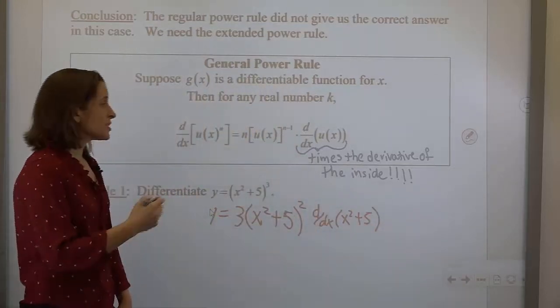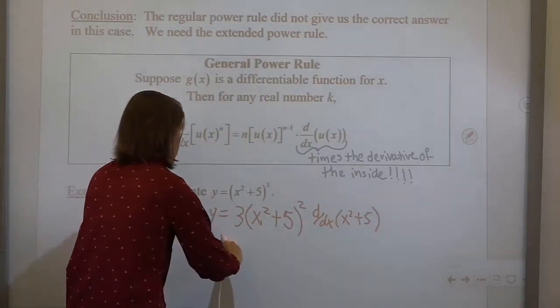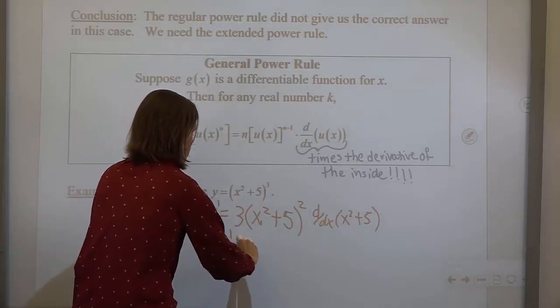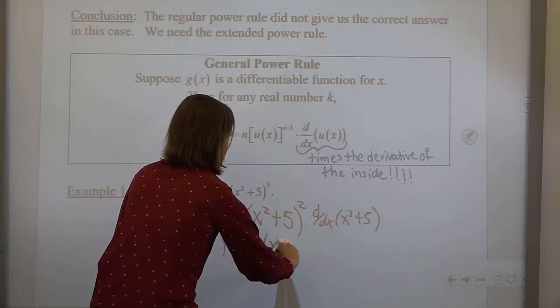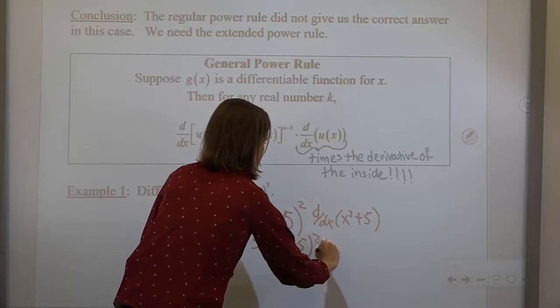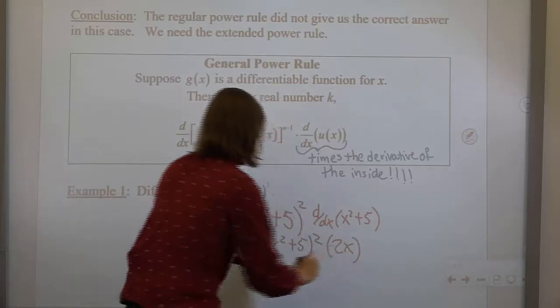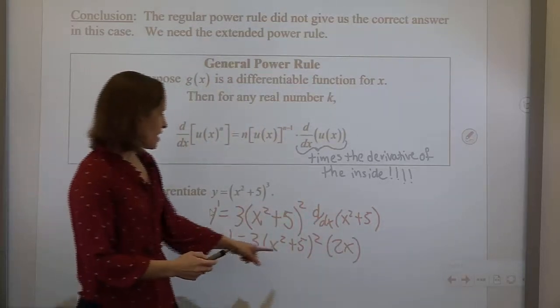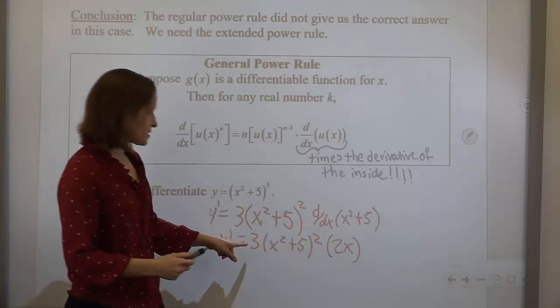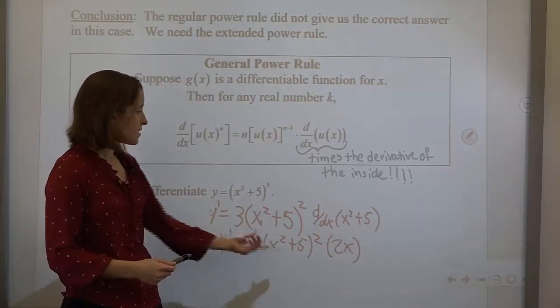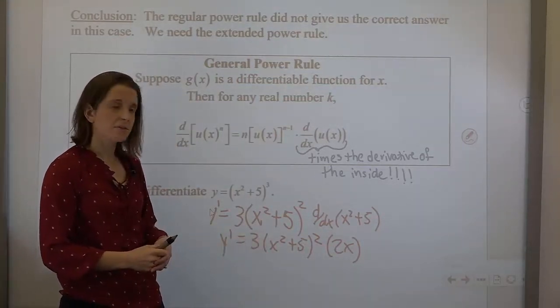And so then, just like with our product and quotient rules, we go back and take the derivative of that inside. So we get 2x there. And so you might see someone combine the 2x and the 3 and say this is 6x, and then times the x squared plus 5 all squared.